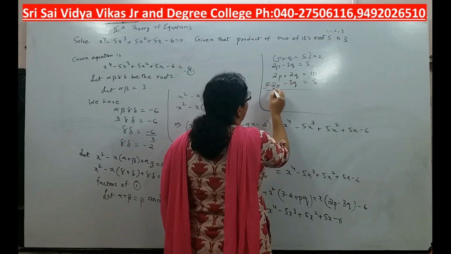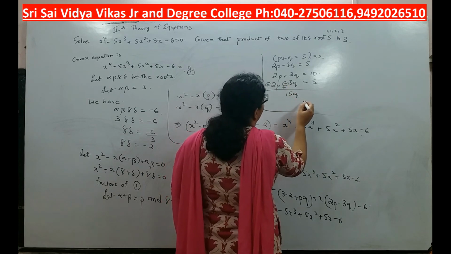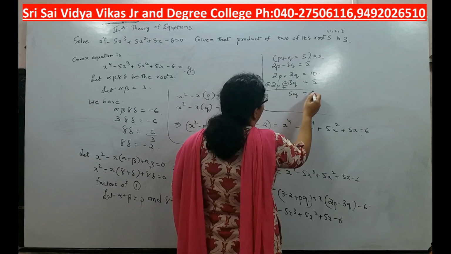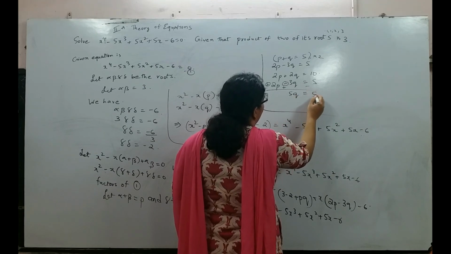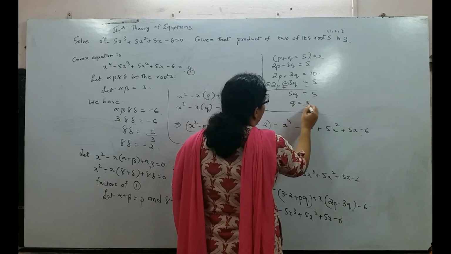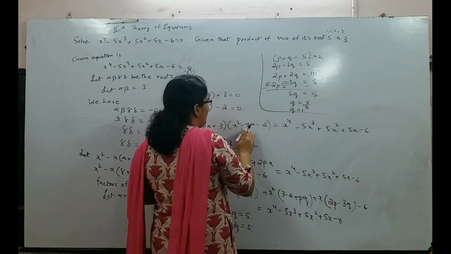Subtract: minus will become plus, so 5q is equal to 5. So q is equal to 5 by 5, which is q is equal to 1.